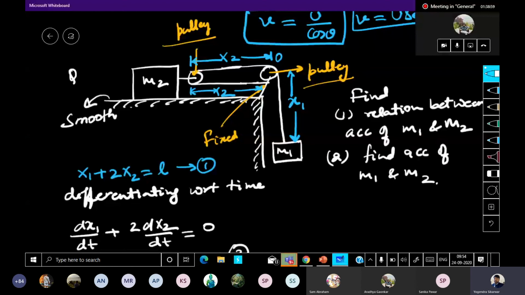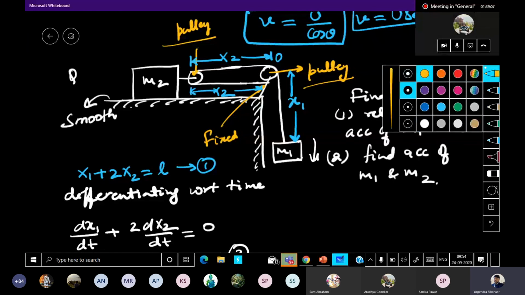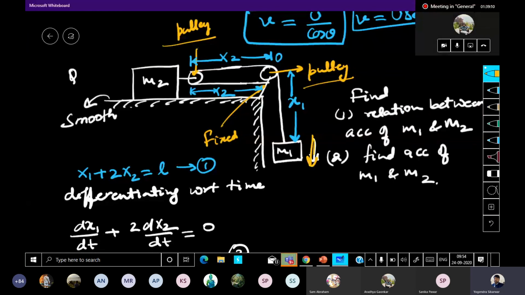The acceleration of this lower hanging block is double. If acceleration of m2 is a, then acceleration of m1 is 2a.